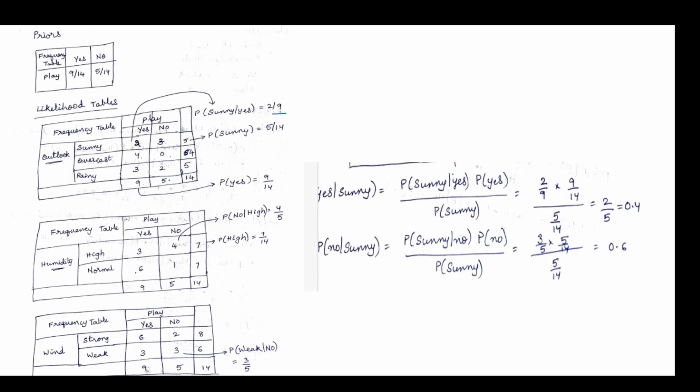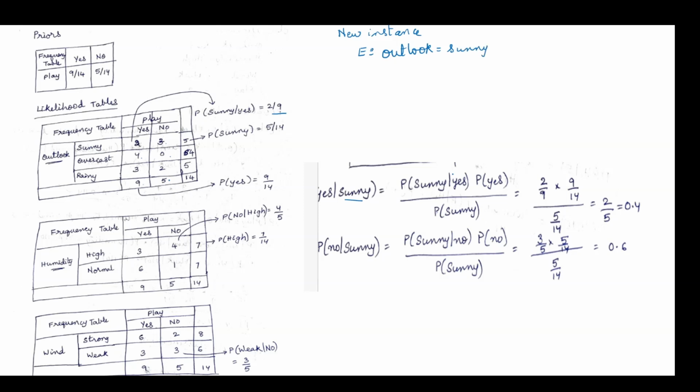So all the tables towards the left side of the screen form the naive Bayesian classifier for the data set provided. Now let us try to evaluate for a sunny day. So the new instance that is given to us is outlook equals sunny.